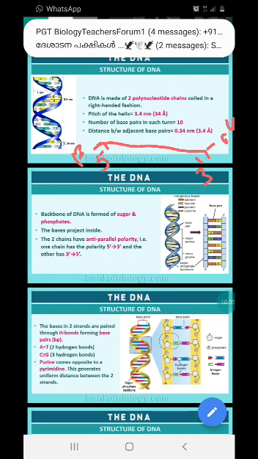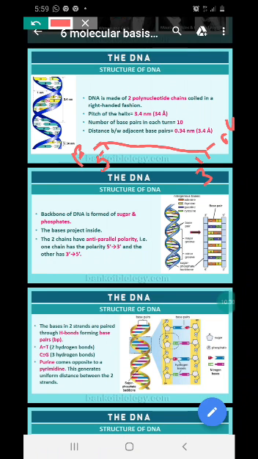Why 5 dash 3 dash? On one end of the polynucleotide chain, we have a phosphate molecule at the 5th carbon position of the sugar molecule, and at the other end we have an OH molecule at the 3rd carbon position. That is why it is called 5 dash 3 dash, which is called the polarity.